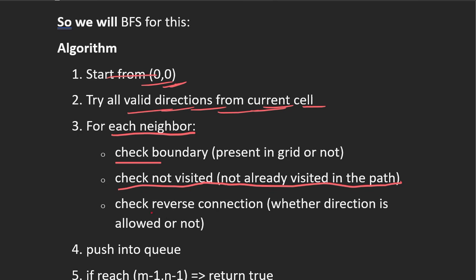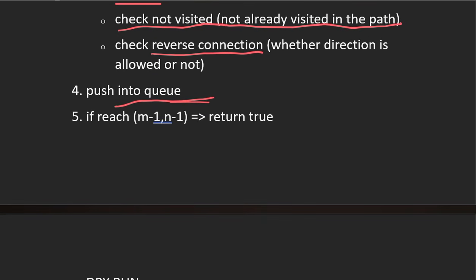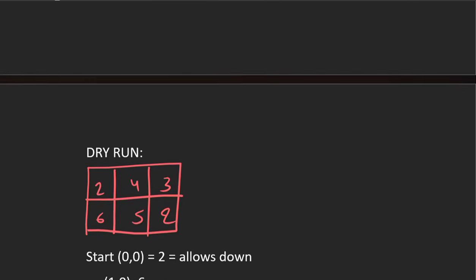The third thing we check is the reverse connection, that is, whether we can come back from the neighbor, to verify that both the current cell and the neighbor have a valid connection. If all three conditions are satisfied, we push that neighbor into the queue. And if at any point we reach m minus 1 comma n minus 1, we have achieved our goal, so we return true.